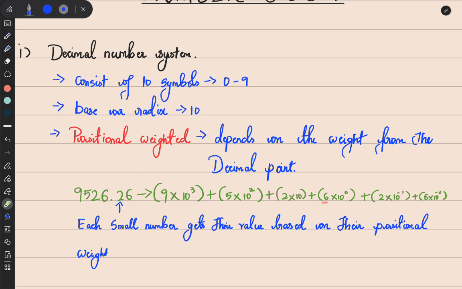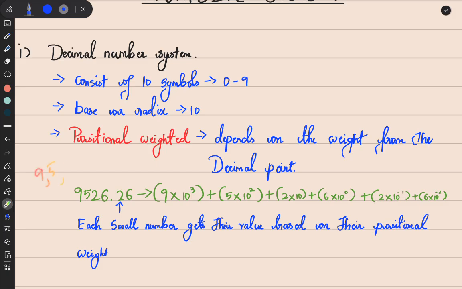So each symbol is multiplied with its own positional weight, and then the total addition of those gives the value of the decimal number.